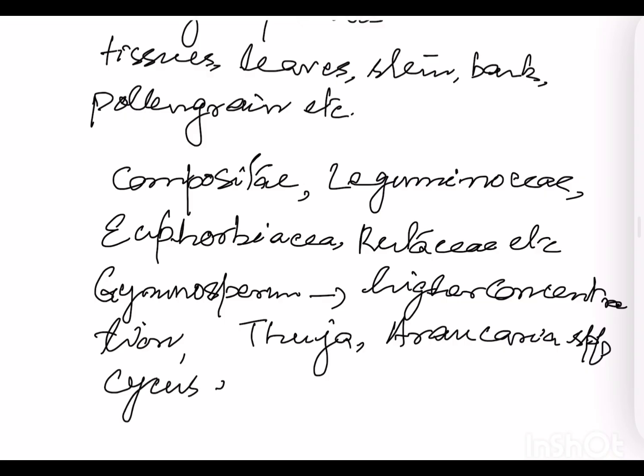Now, if you consider the plants of these families, you can get it in higher concentration. Therefore, the selection of the plant is very important, and you can take the plant which can give you the major amount of flavonoids.